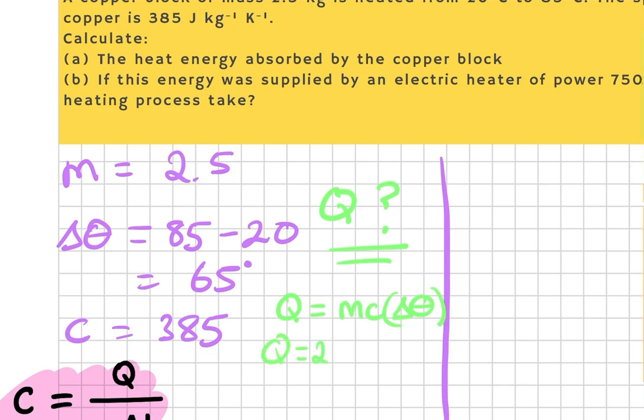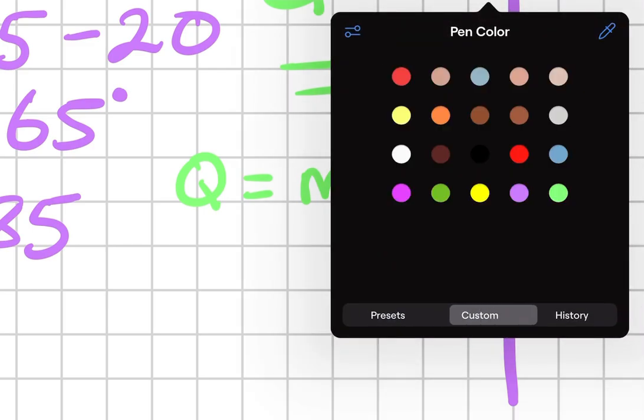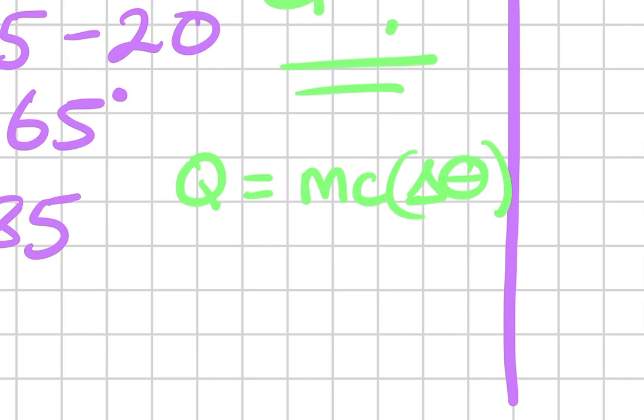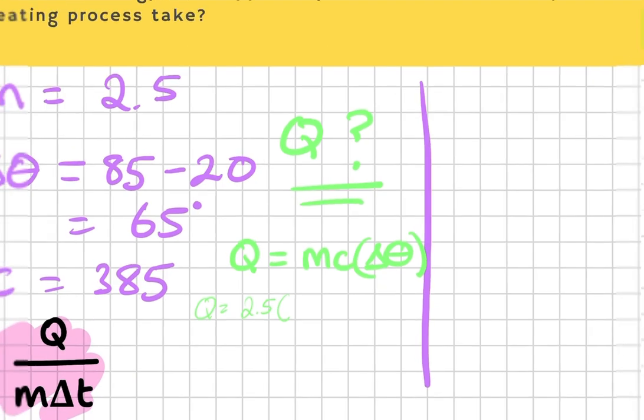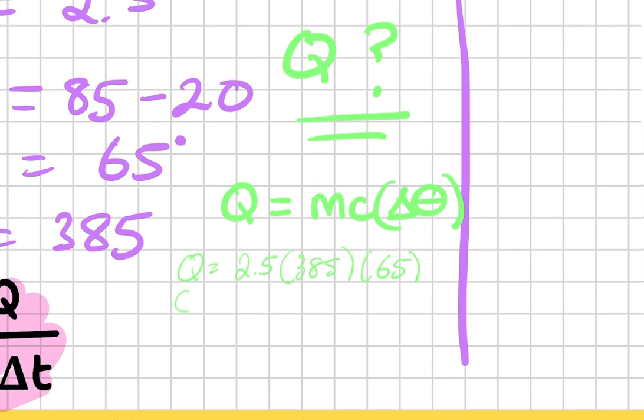Our mass is 2.5. Let's zoom in to make this neater. Q is equal to 2.5 multiplied by c, which is 385, by our change in temperature, 65. All we get for that is 62,562.5. We can write that in a cleaner way.